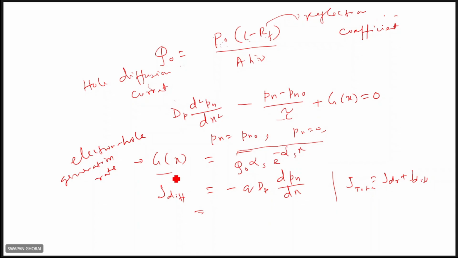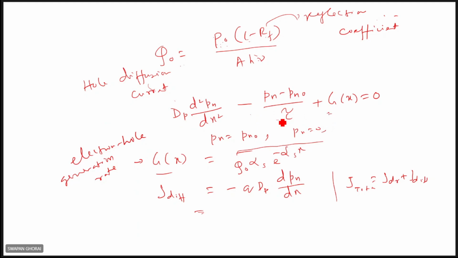So that is the generation rate Gx, the generation rate due to photons. So in the charge control equations, these three factors will be there.